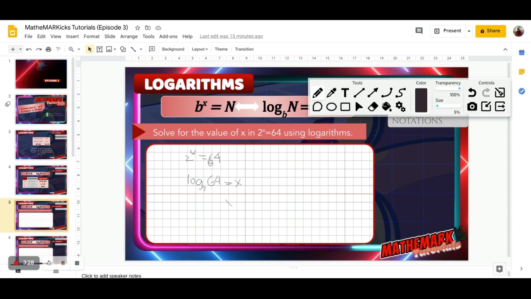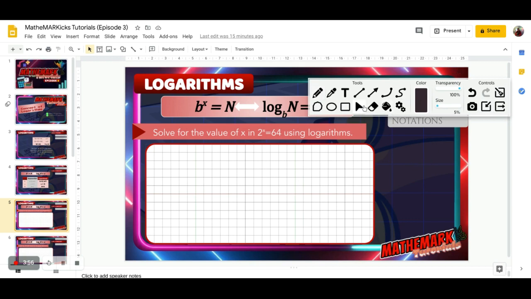You may use your calculator. You're getting x equals 6. What if we use exponential equations? 2 raised to x equals 64. Expressing 64 in terms of base 2, it's 2 raised to 6. Therefore, x equals 6. Later on, we're gonna deal with properties that you may use in solving.